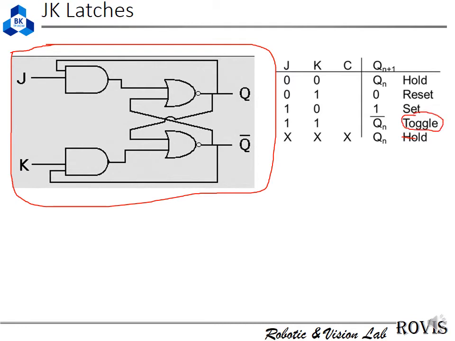That means when J equals 1 and K equals 1, the state of Q will toggle. For example, in the previous state it is 0, J1, K1, and then Q becomes 1. And if J1, K1 again, Q will become 0 again. So it becomes something like a toggle. And when J equals 0 and K equals 0, Q will hold the past value.